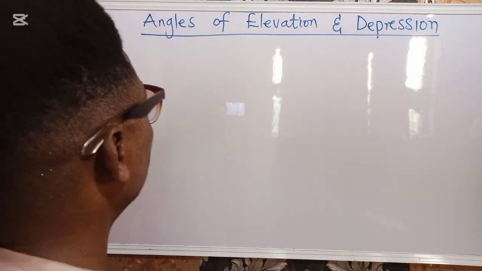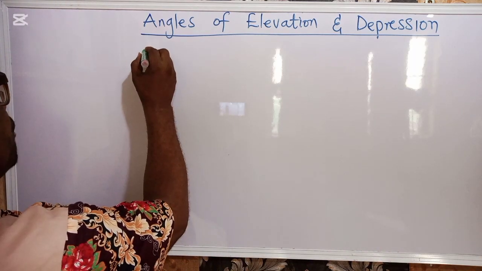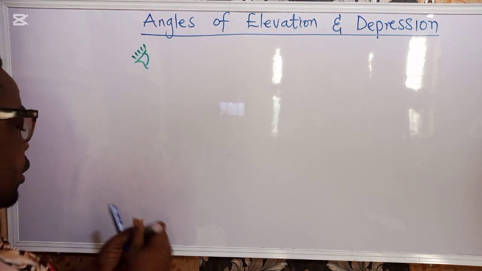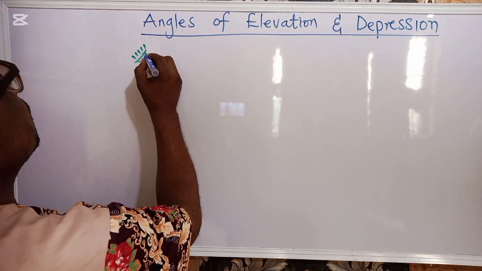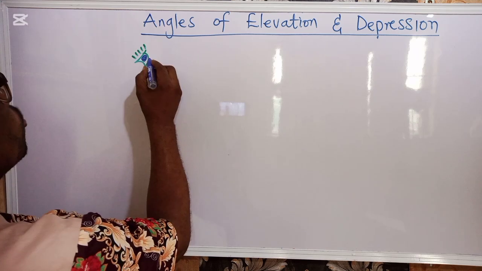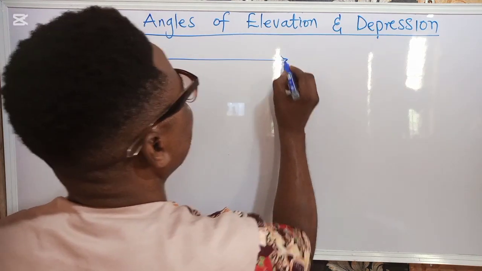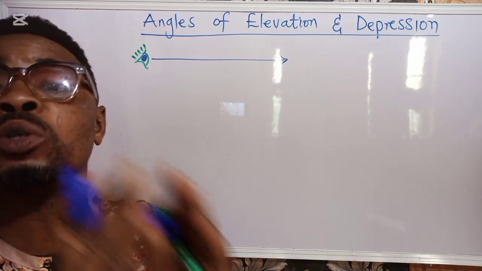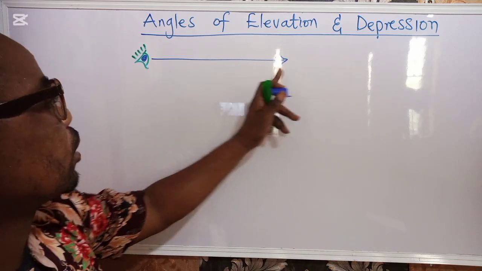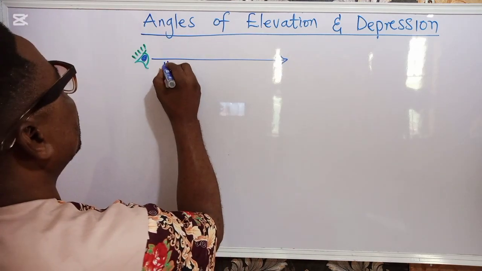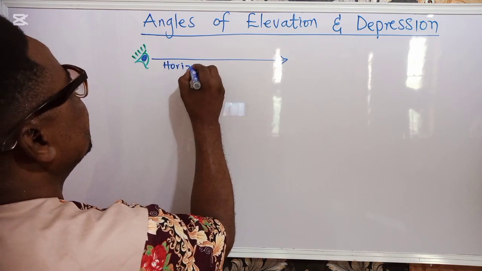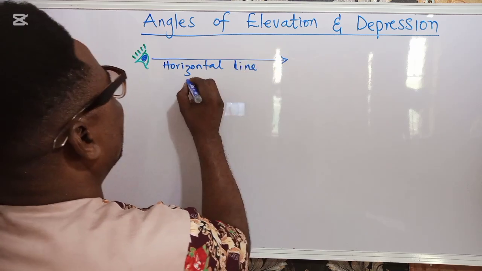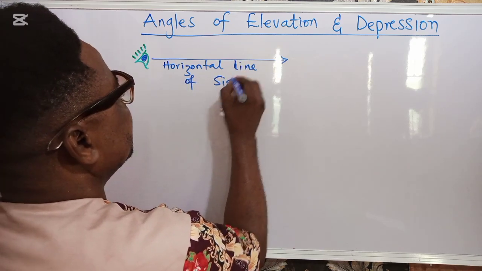Before we start, you must know that if an eye like this is opened, it ought to be looking straight this way. If it has no business with any other object that you want to look at, it has to be looking straight. This is called horizontal line of sight.